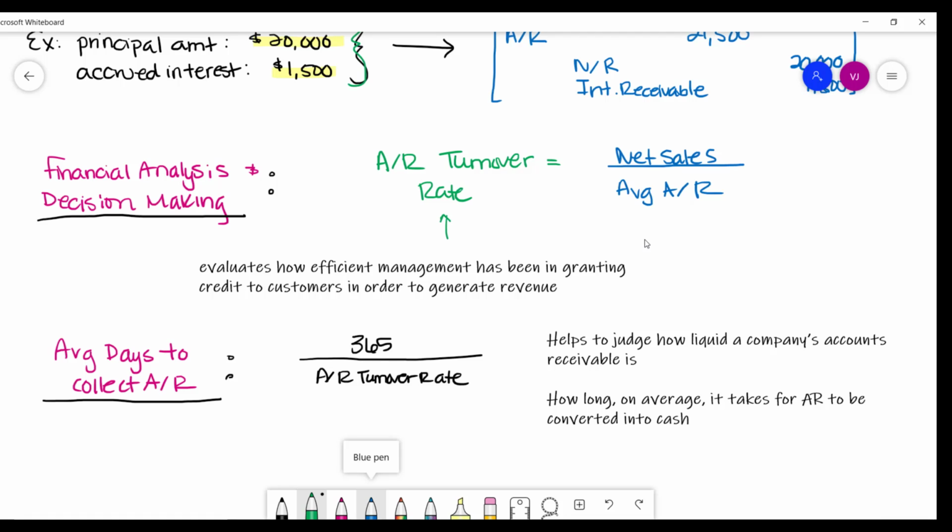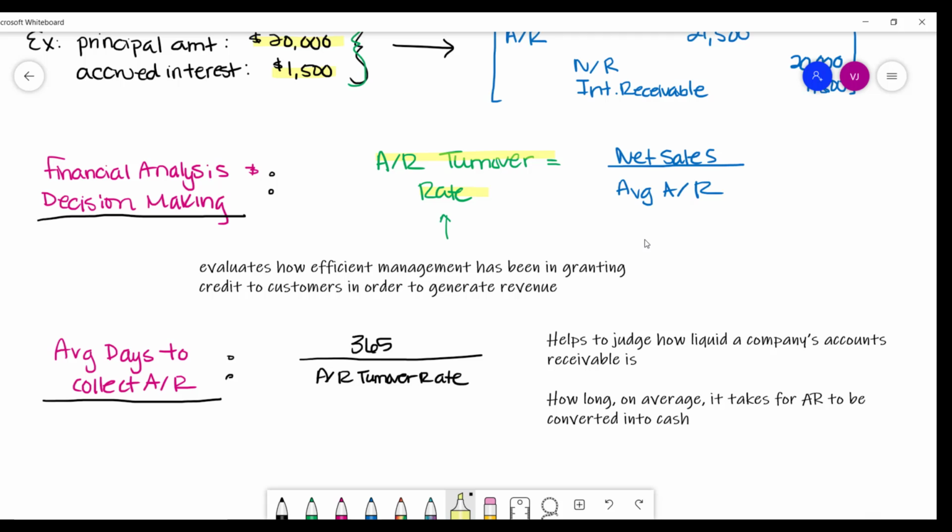And just like with our inventory turnover, we can convert the accounts receivable turnover rate to an amount in days. So we can figure out, okay, if this is our turnover rate, if it's 5 times a year, how long on average, how many days on average does it take us to collect a given accounts receivable? So to find that, you would just take 365, the number of days in a year, and divide it by the turnover rate.